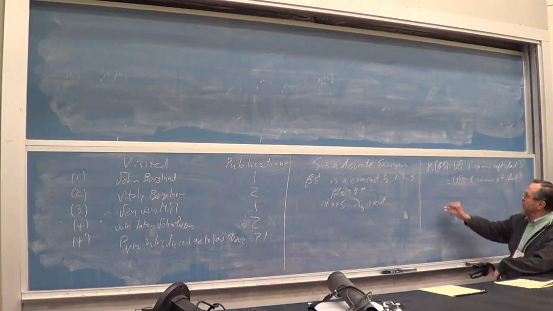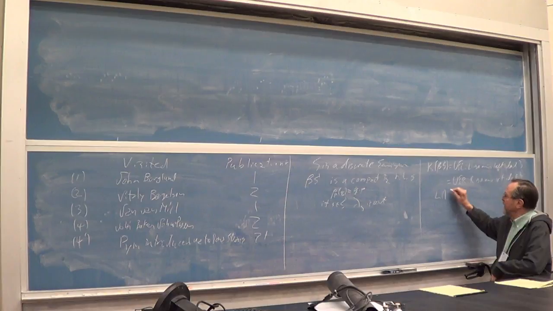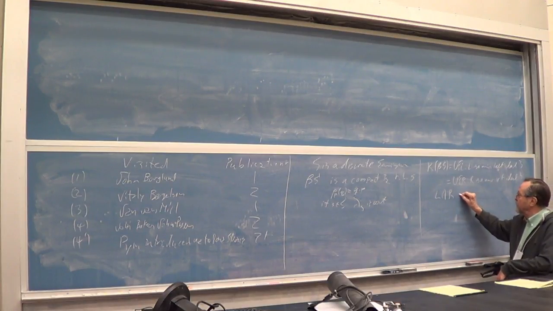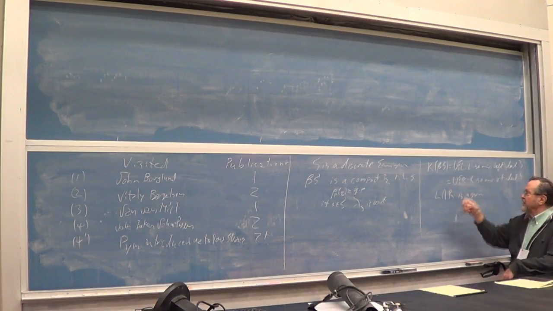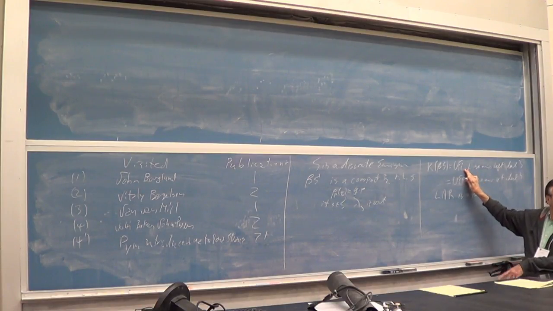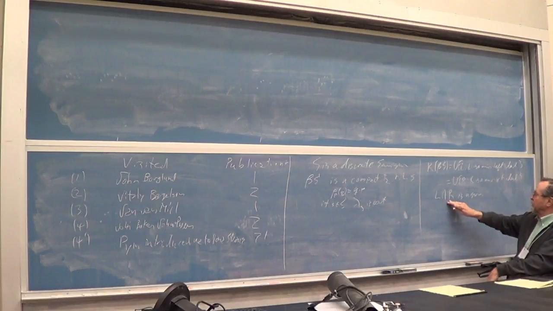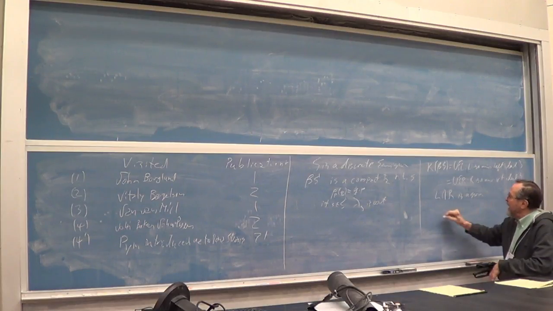And if you take a minimal left ideal and intersect it with a minimal right ideal, that's a group. All the minimal left ideals are isomorphic, all the minimal right ideals are isomorphic. These groups are all isomorphic.